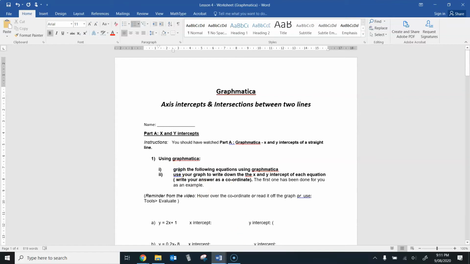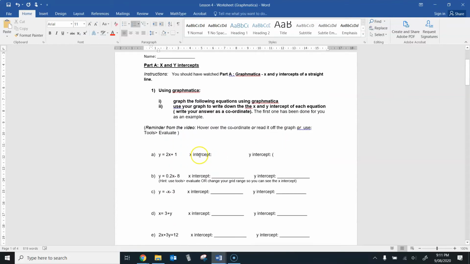So I'm going to do the first example. I'm going to do question 1A to show you how to find the intercepts using Graphmatica. So if we scroll down, in part A, 1A, the first one says you need to graph the following equations using Graphmatica. Use your graph to write down the x and y intercepts.